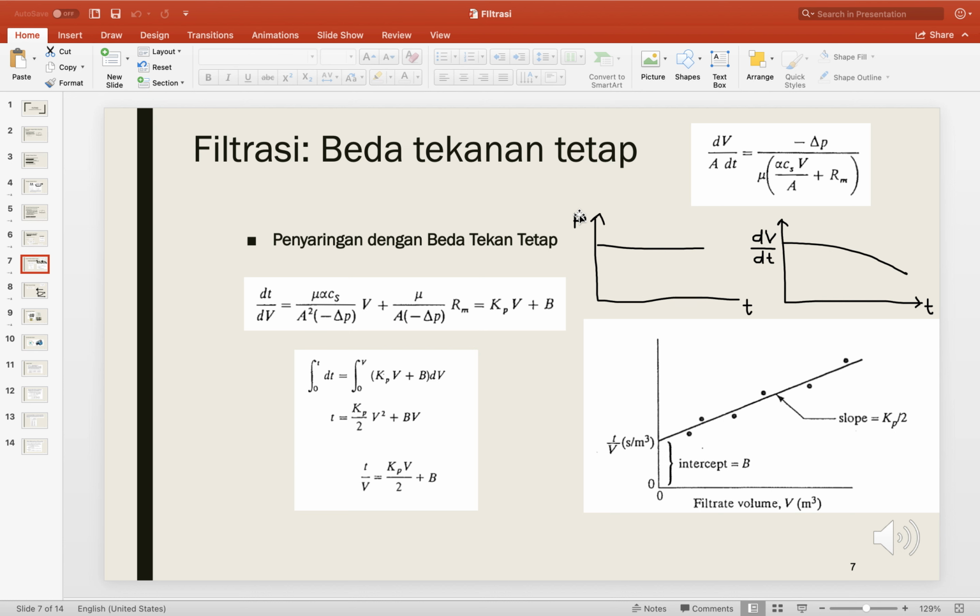to get the water out. But then we have higher resistance, so the permeate or the filtered flow will reduce over time. So you have to expect this when you operate your filtration system.